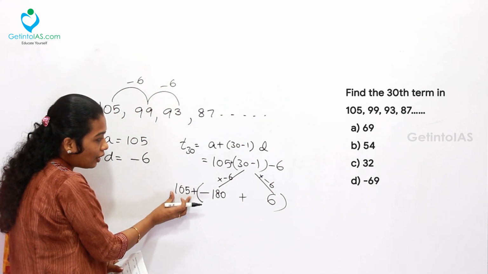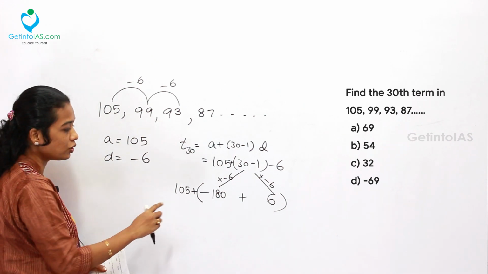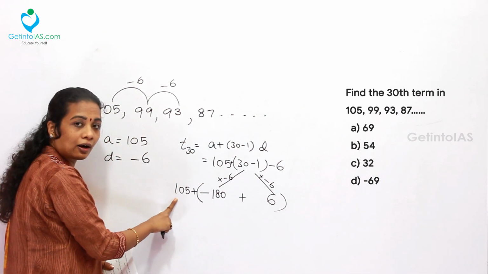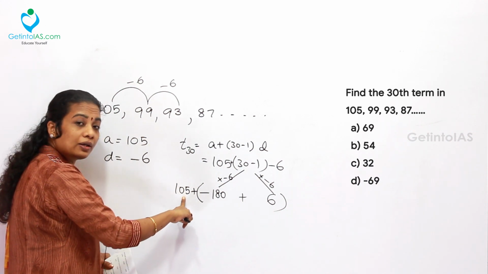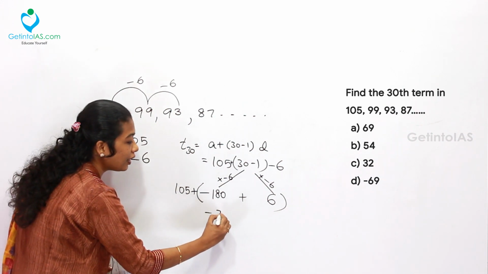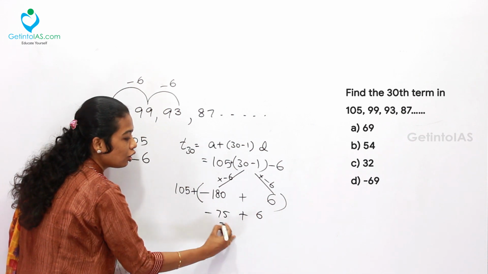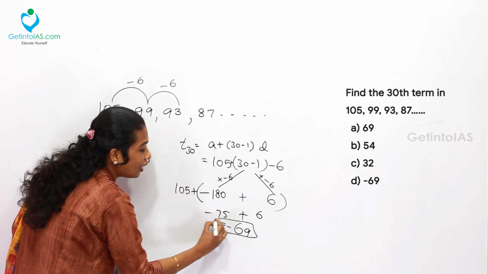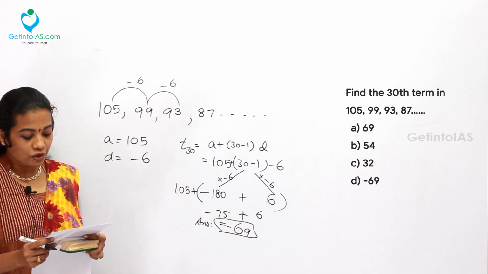You can add 105 with 6 and then subtract, or else you can do it separately. Minus 180 and 100, you will get 80. 80 minus 80 plus 5 is 75, so minus 75. I have solved these two calculations. Plus 6 is here. So finally, my result is minus 69, and that is the answer which is given in option D.